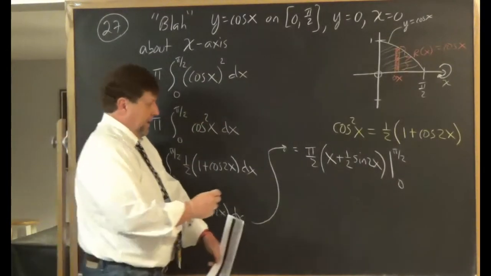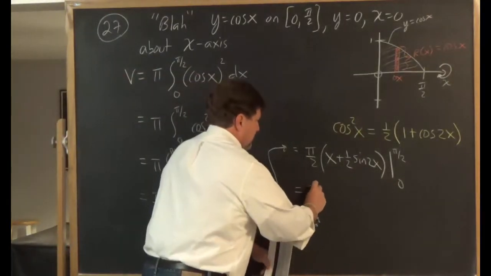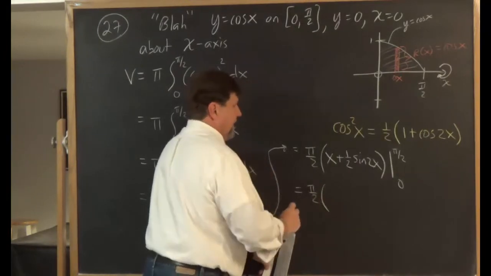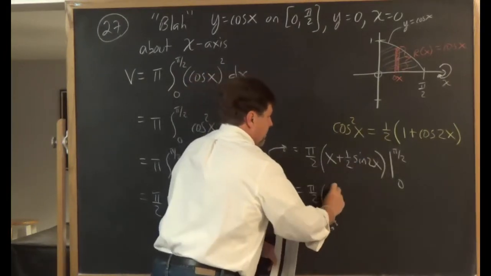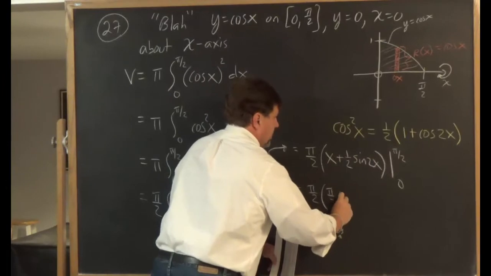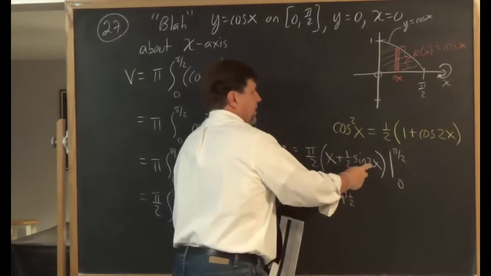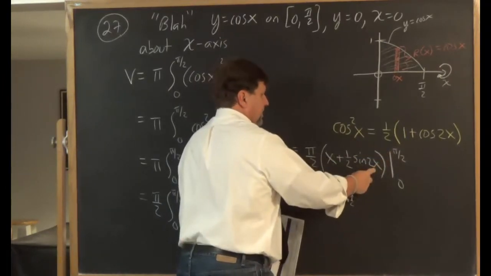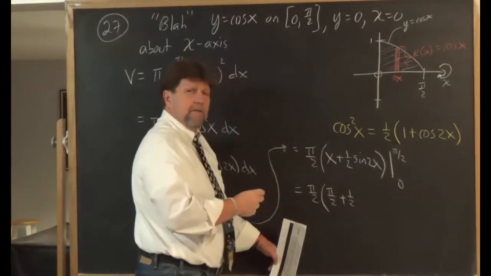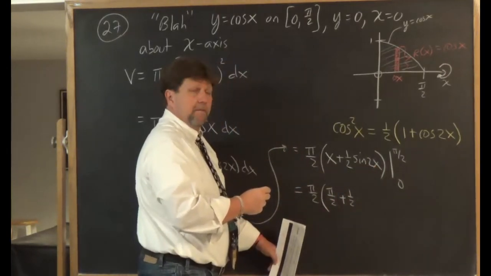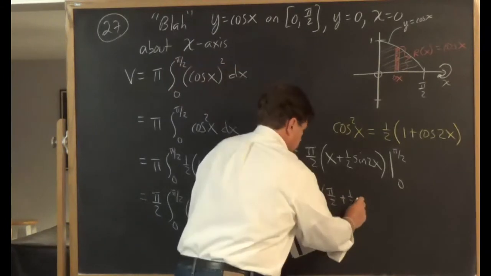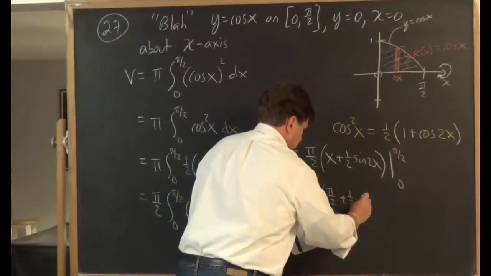So let's go through it. I'll put this step in. You'd have pi over 2 times, okay, pi over 2 comes in for x, plus 1/2 sine of 2 times pi over 2. Well, that's pi. Sine of pi is 0.